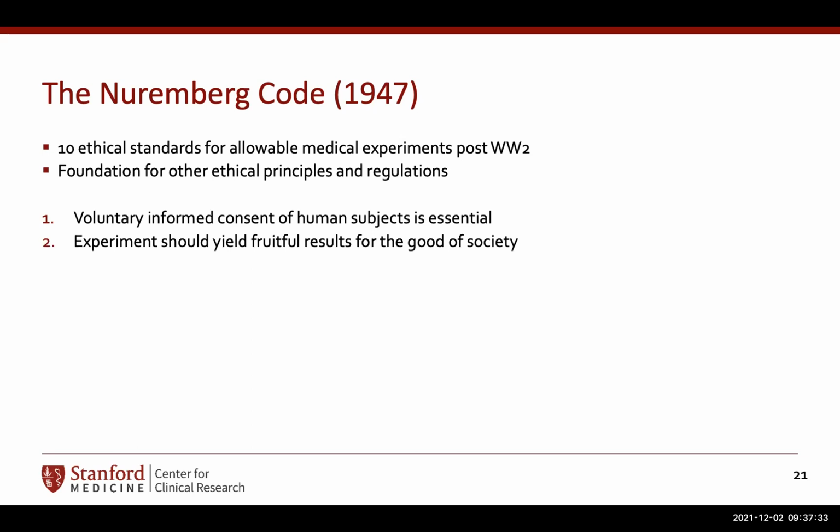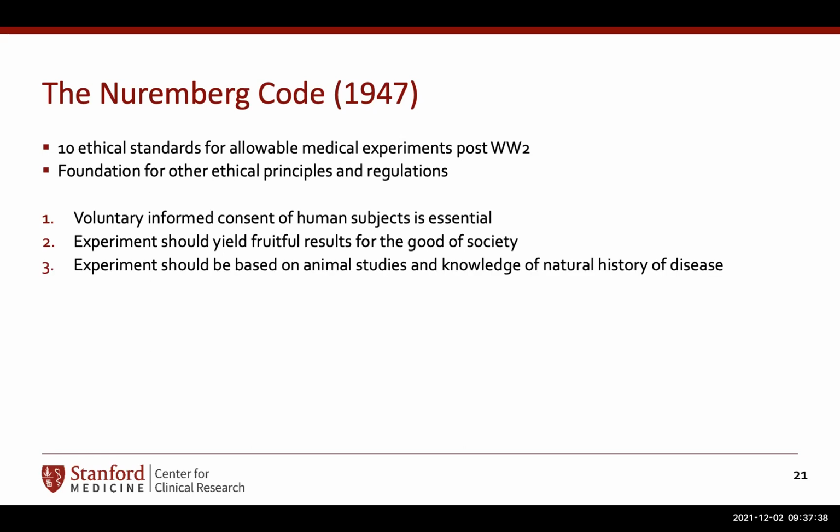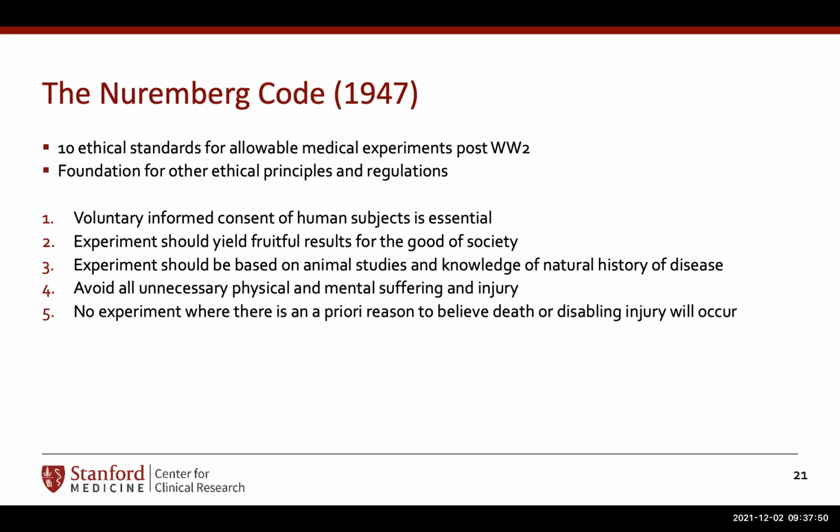Experiments should yield fruitful results for the good of society. The experiment should be based on animal studies and knowledge of the natural history of disease. The researchers should avoid all unnecessary physical and mental suffering and injury. No experiment should be conducted where there is an a priori reason to believe death or disabling injury will occur. There must be a favorable risk-benefit analysis to avoid unnecessary pain and suffering.